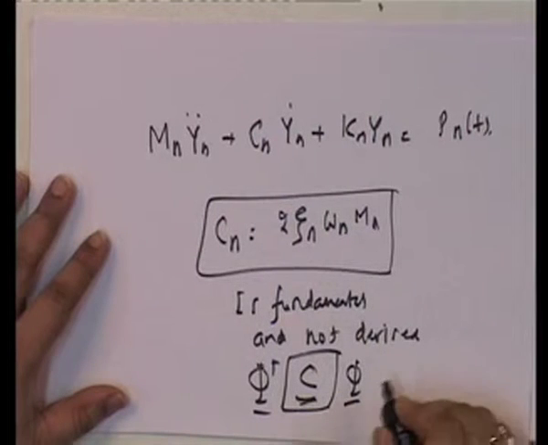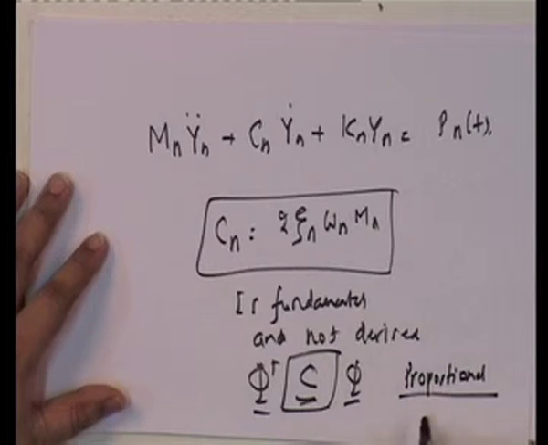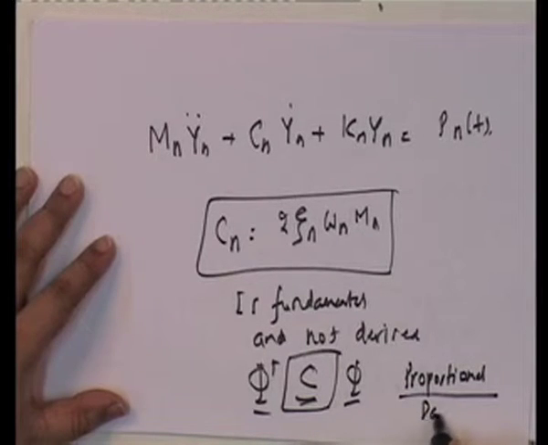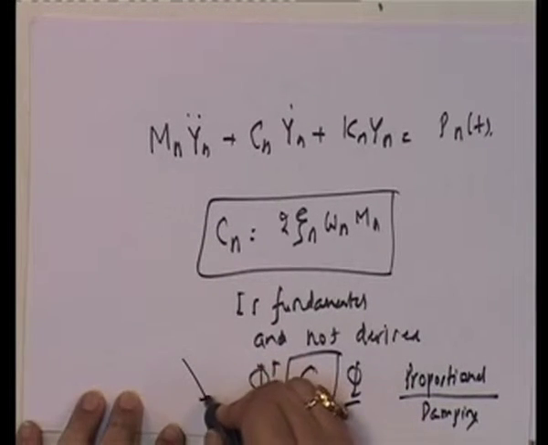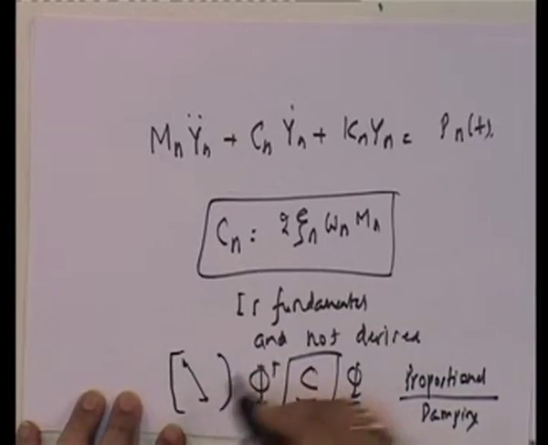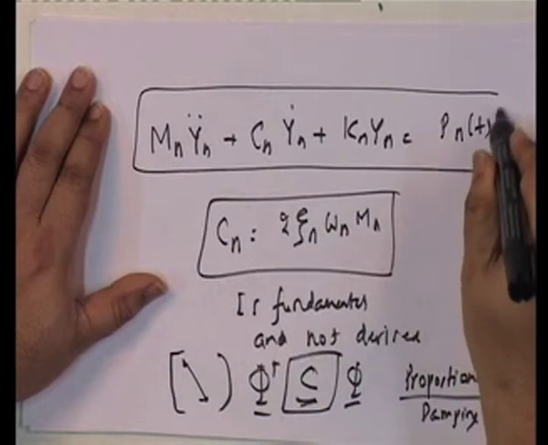All we say is that the C matrix is a proportional damping such that this is a diagonal matrix and we can uncouple the equations.